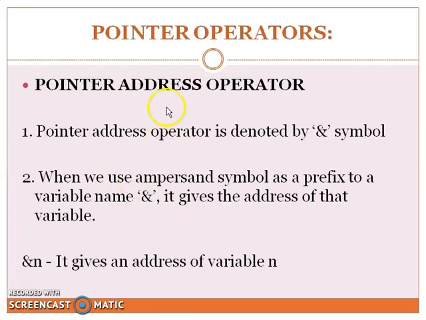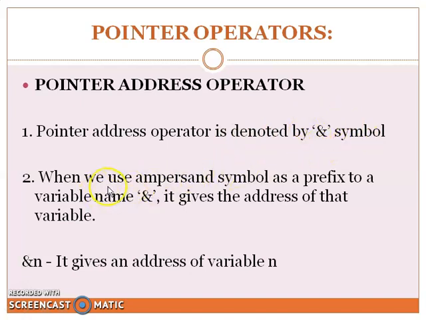Okay. So next one is pointer operators. So what are the operators that are involved in pointer variables? The first operator we use in pointer variables is denoted as the address of symbol.